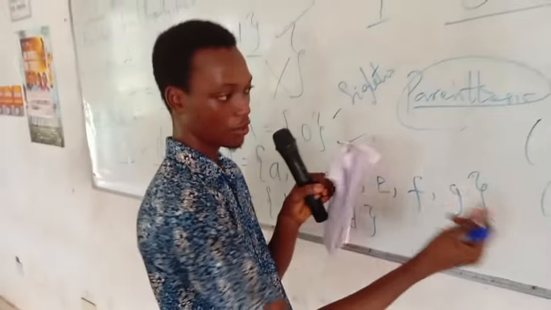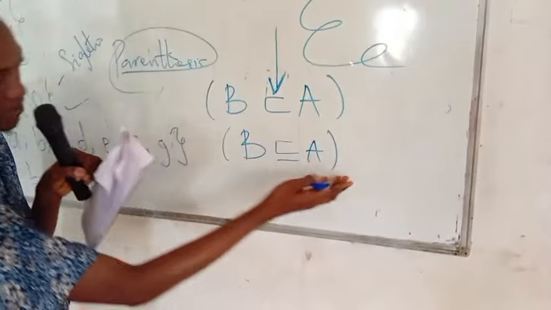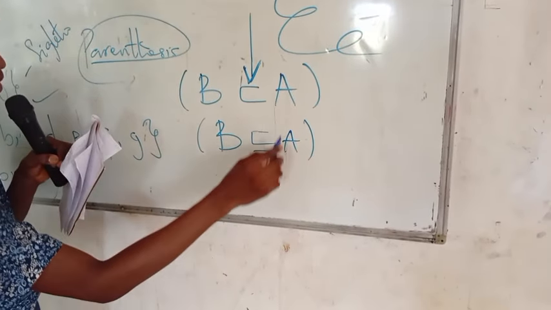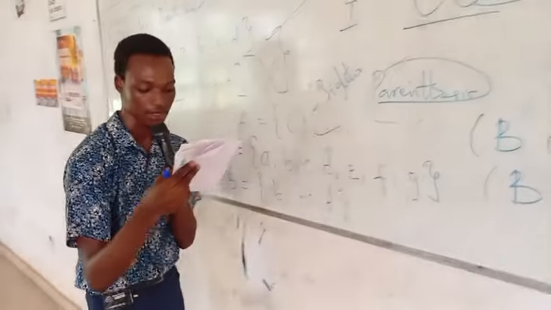Okay, if, then you open this bracket and write this. If this B subset, with a line under A, then brackets close.